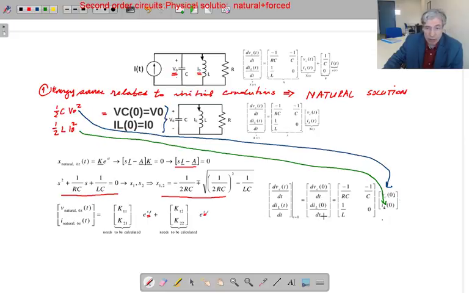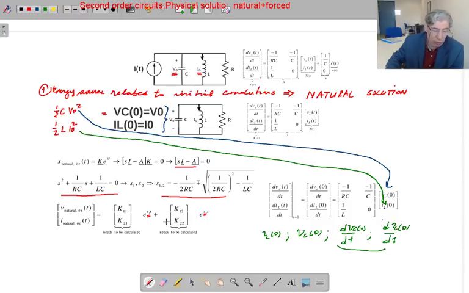So what we have done: we have IL0 and VC0 given as initial conditions, and we calculated dVC/dt at 0 and dIL/dt at 0. So 4 knowns here, these are all known, we calculated those 2 right now, and we've got 4 unknowns, so we can calculate all of this.